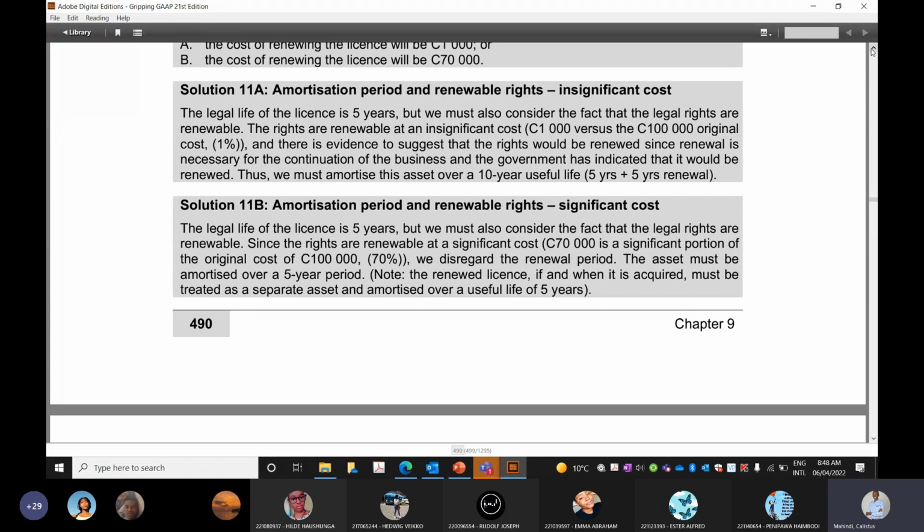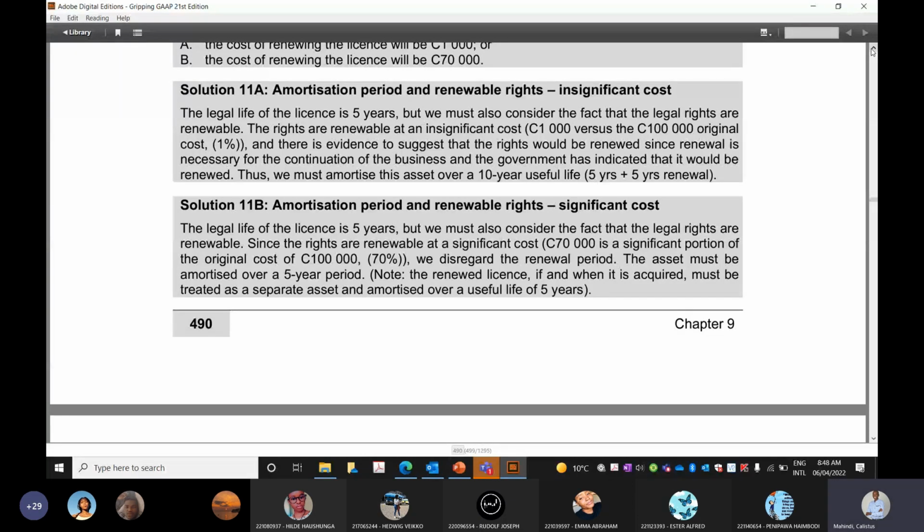In the second instance, you do not consider that the new period will be part of the old intangible asset. You consider it as a new intangible asset which must be amortized over a period of 5 years. Okay.